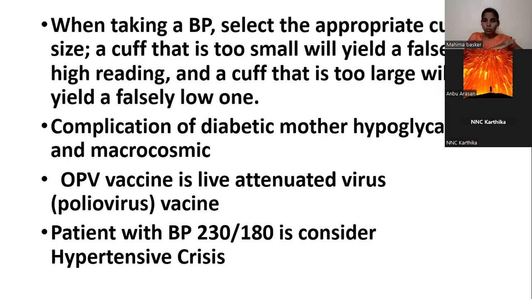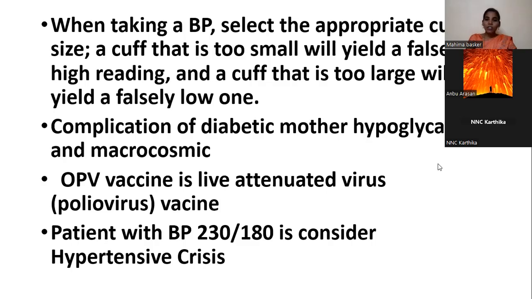Cuff too small gives a high reading. Cuff too large gives a false low reading. Okay, got the point? So when you are taking the BP, cuff size should be appropriate. Too small, the reading will increase. Too large, a low reading will come. Okay, it is about the BP cuff.